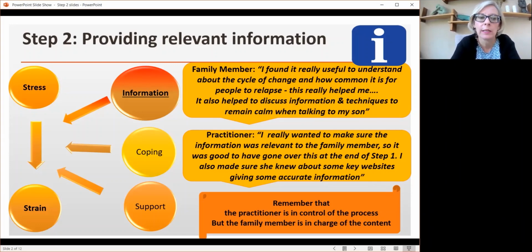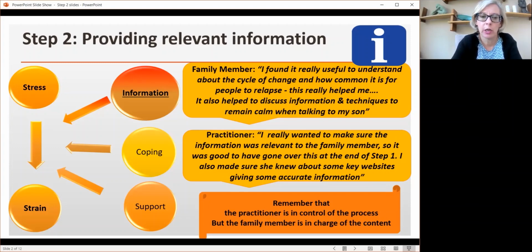And what we know is, if family members feel well informed, it can be very empowering for them, and most importantly, it can reduce their stress levels. So take a little look at some of the quotes on the right hand side. This family member is reflecting on how useful it was to both understand the cycle of change, how common relapse was, and techniques for remaining calm.